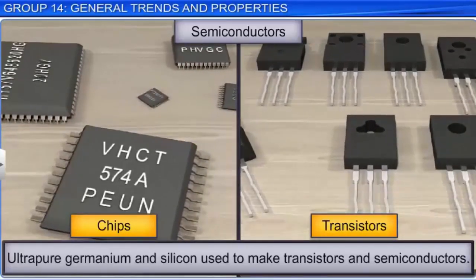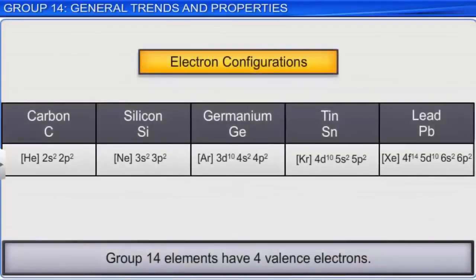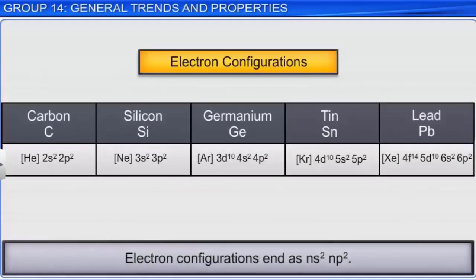All the group 14 elements have 4 valence electrons. The electron configurations of all of them end as ns2 np2. However, despite the similar valence configurations, their inner cores do vary down the column as the D and F sublevels become available.